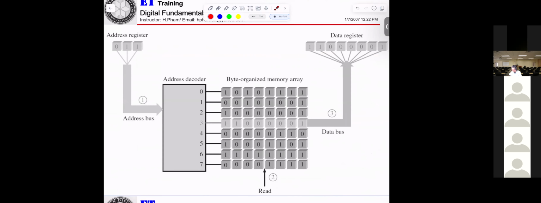You must tell which location you want to get data from. So you say, I want location number 3, and now the data from this location comes out. That's very simple.